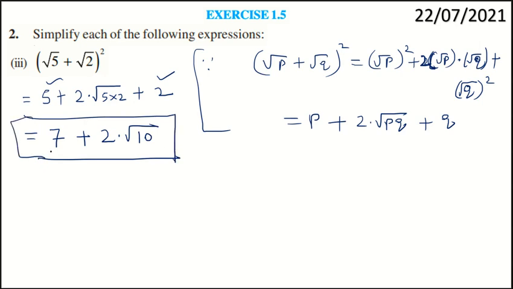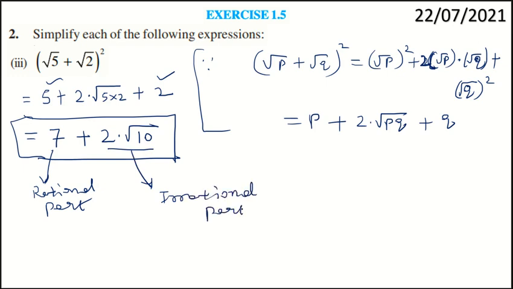Here you could see 7 being the rational part, and 2 times root 10 we call the irrational part. And this is called a compound surd, which is a sum of one rational part and another irrational part, where that irrational part is a surd. Then moving on to the fourth question.